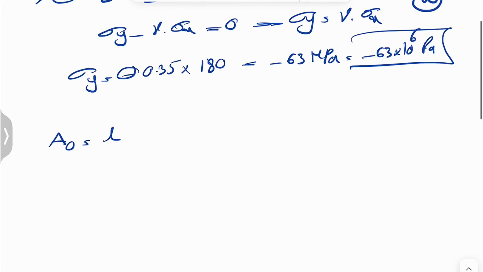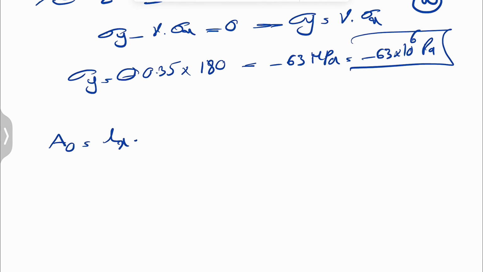So that's the initial area, basically Lx times Lz. And after the change in the length, we're going to have Lx plus delta x times Lz plus delta z.